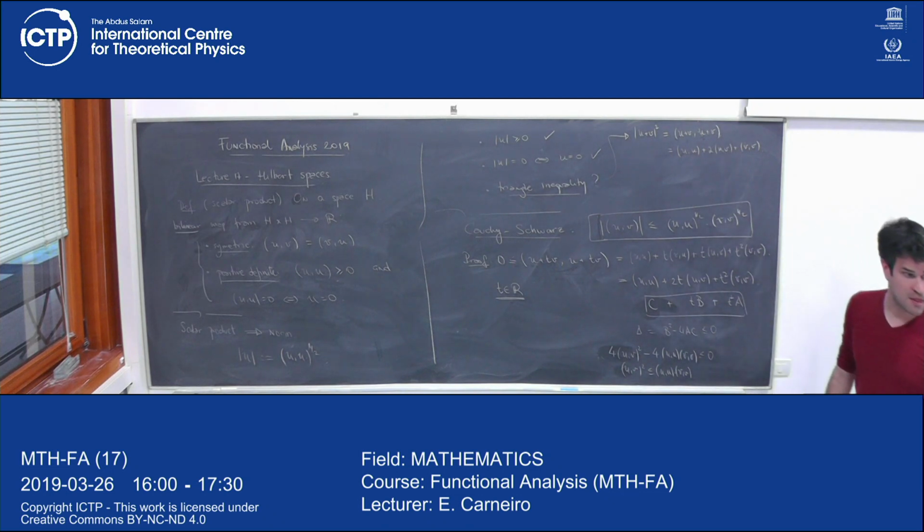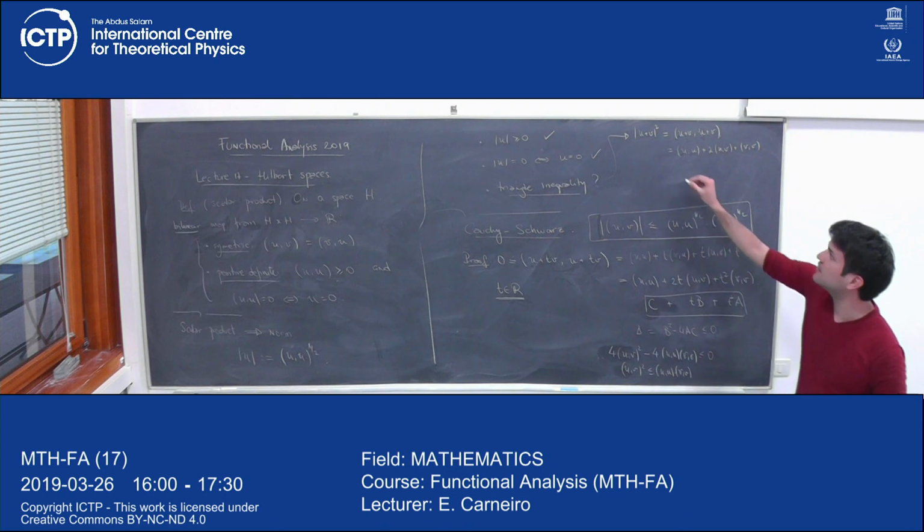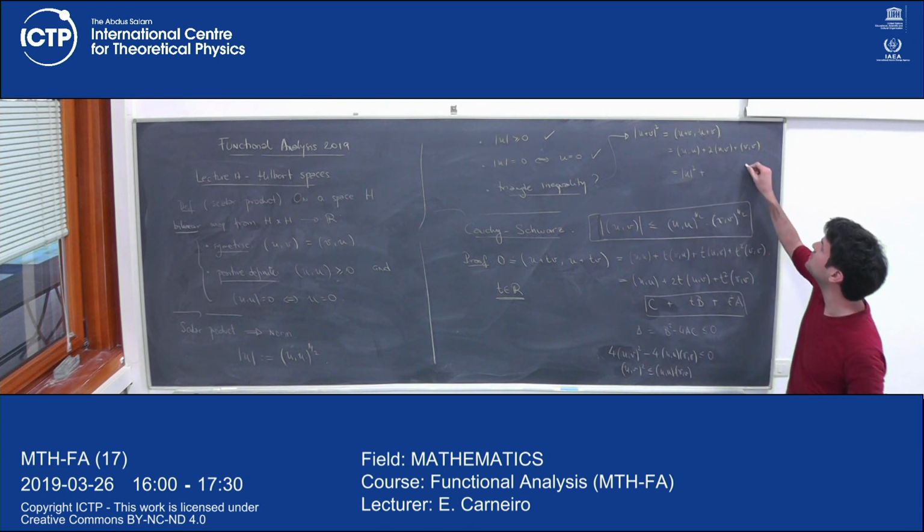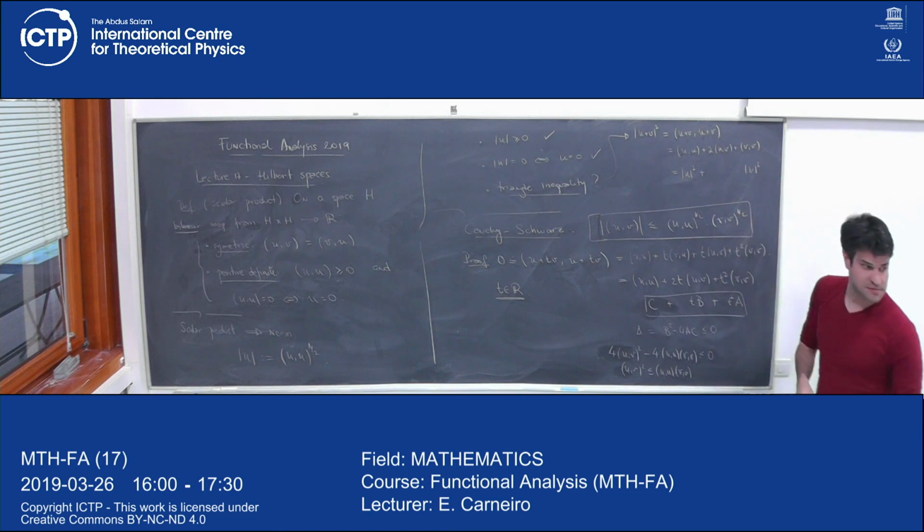Okay? So here I get the norm of U squared, plus here I get the norm of V squared.